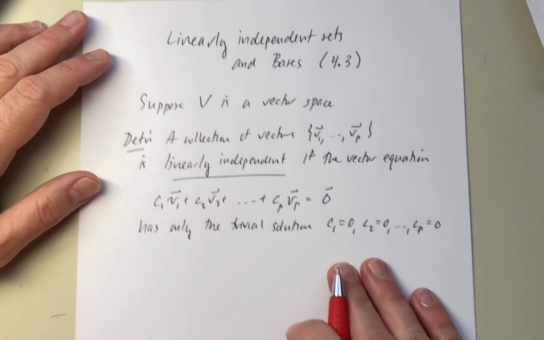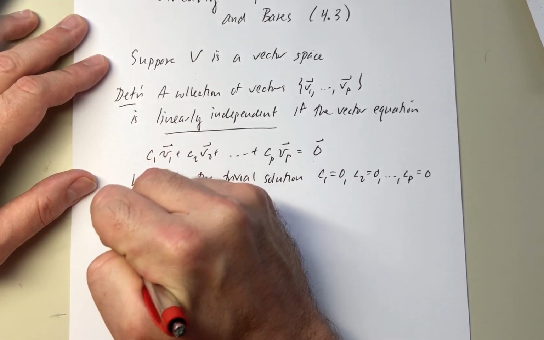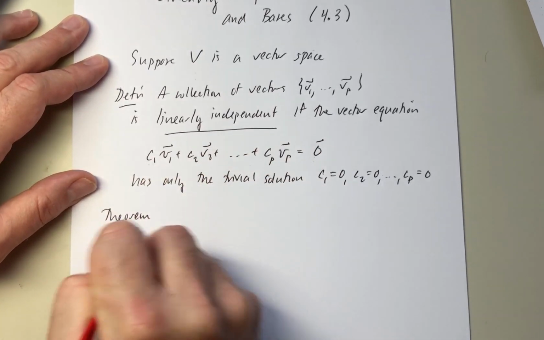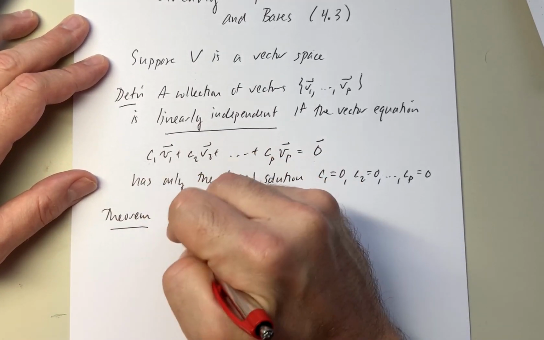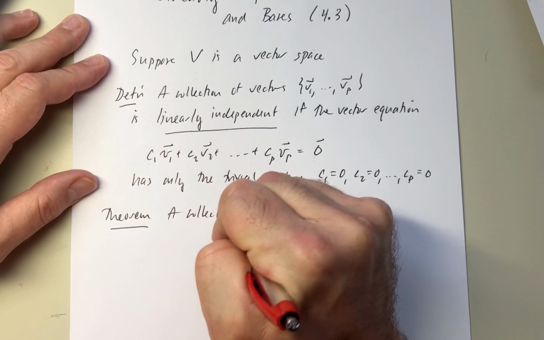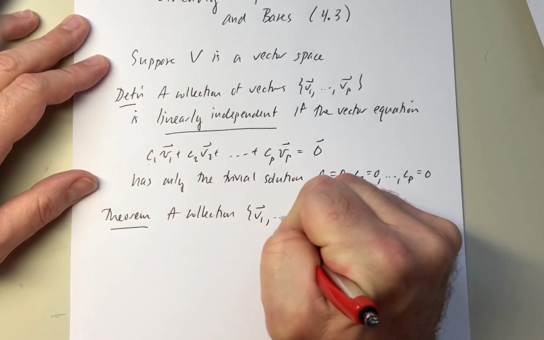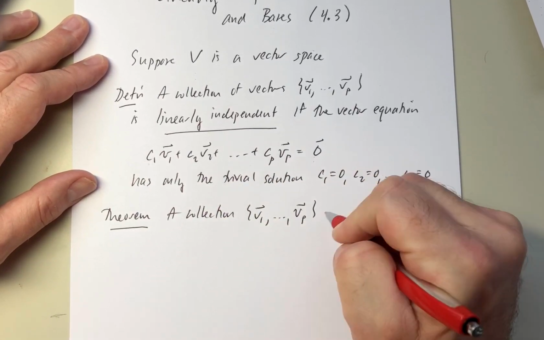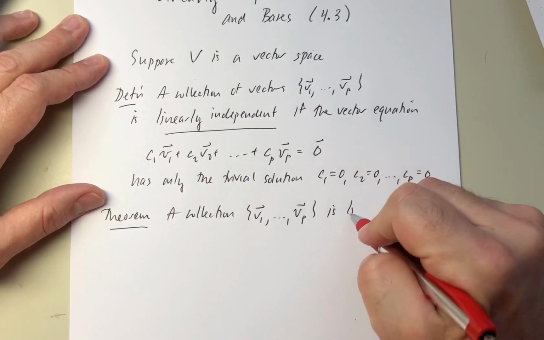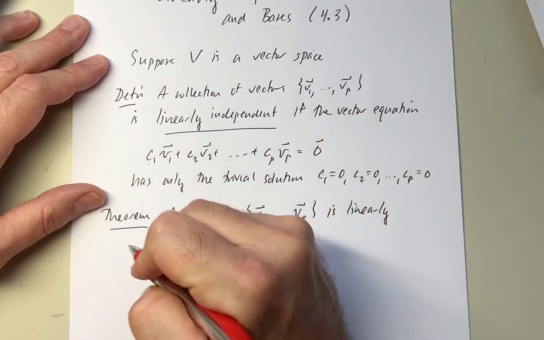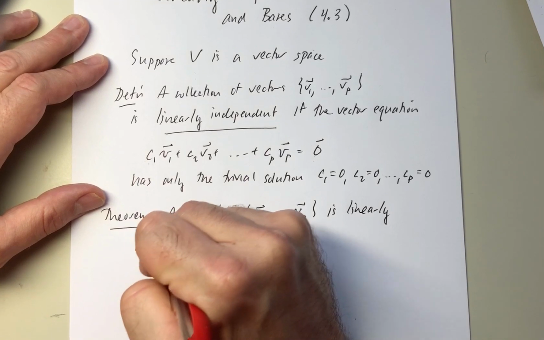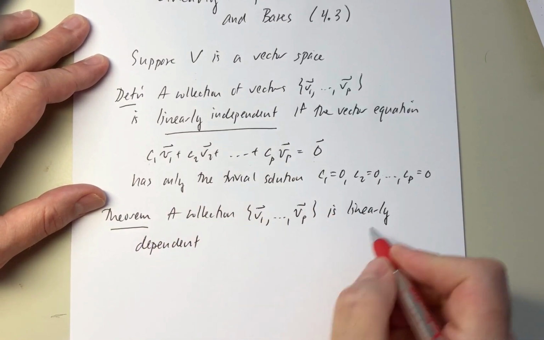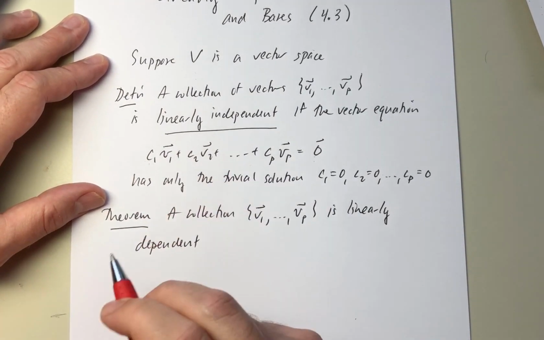So the first theorem that's going to be maybe familiar to us from the context of vectors in Rn is that a collection V1 through Vp is linearly dependent. So linearly dependent, of course, means not linearly independent.